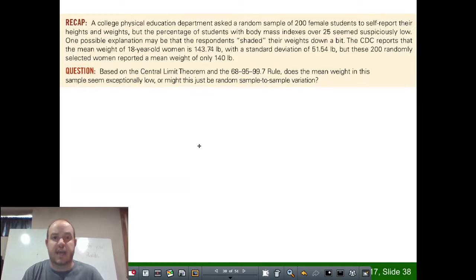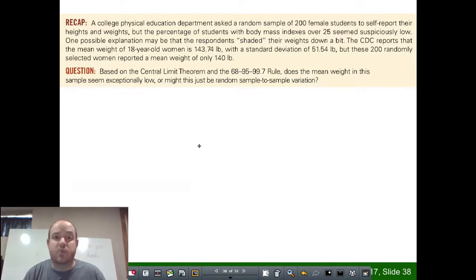It's saying, hey, look, our sample ended up having a low body mass index. Maybe it's due to the fact that they're reporting their weights to be lower than what they should. So now instead of looking at what proportion of them are over the BMI of 25, we're now looking at their actual weight, just the weight. So they're checking out of their weight what was the average.